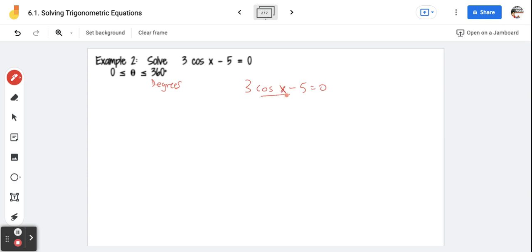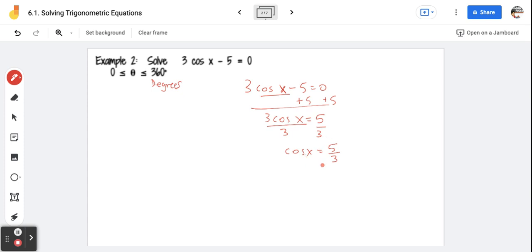So I'm going to solve for the trig function, just like it's my variable. So we're going to add 5. That gives us 3 cosine x equals 5. And then I'm going to divide by 3, and I'm going to get cosine x equals 5 over 3.